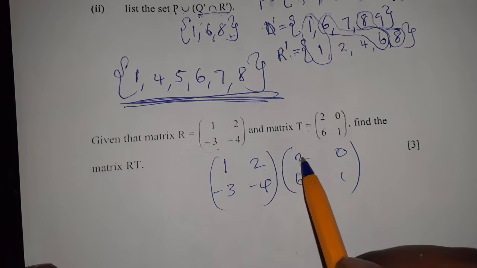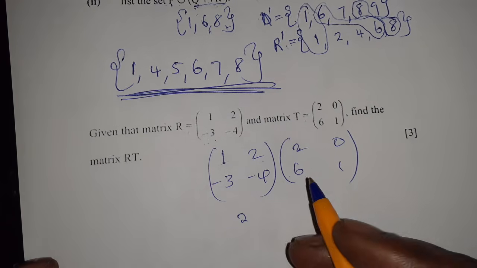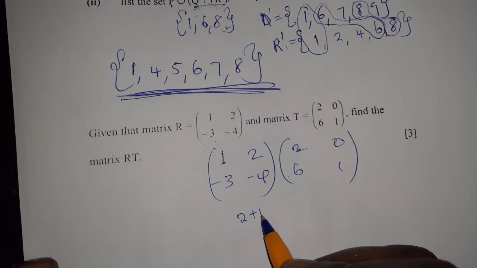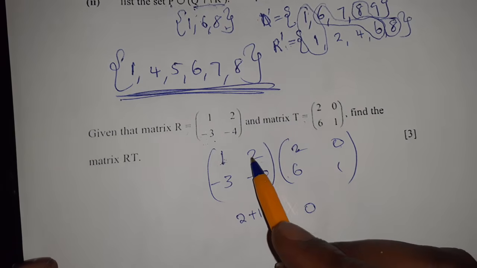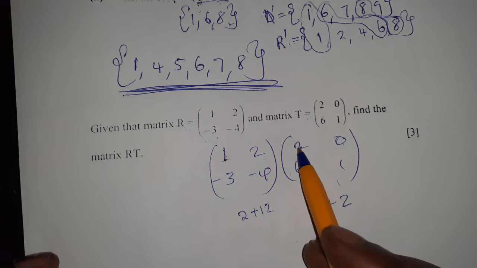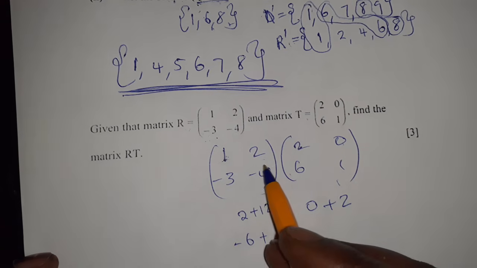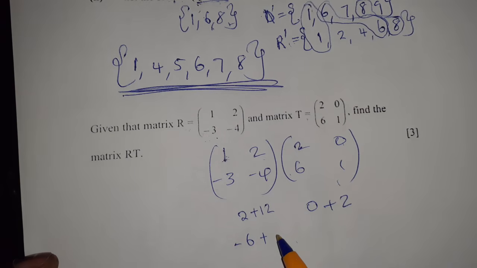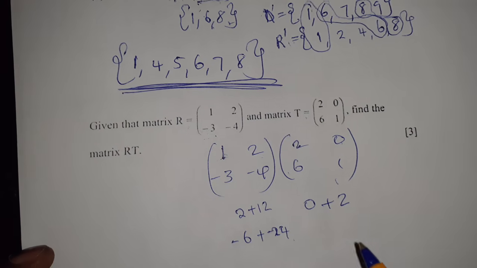So it will be 1 multiplied by 2, you get 2. 2 multiplied by 6, you get 12. 1 multiplied by 0, you get 0. 2 multiplied by 1, you get 2. -3 multiplied by 2, you get -6. Plus -4 multiplied by 6, you get -24.